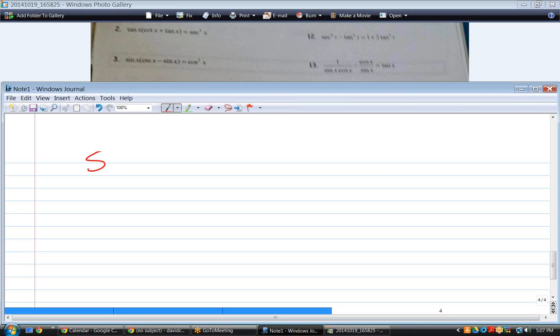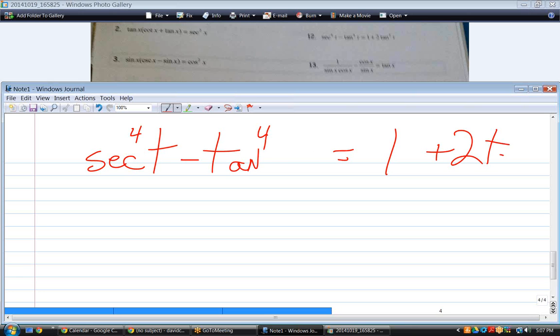This is to the fourth. This is identical to number 1 or 3, one or the other. Only using the co-functions. Again, recognize that as difference of perfect squares, because if you can't, it's hard to work with secant to the fourth.